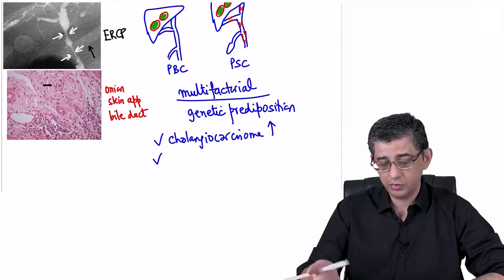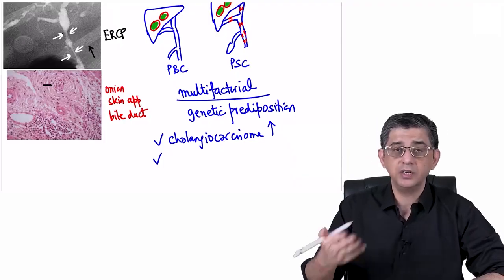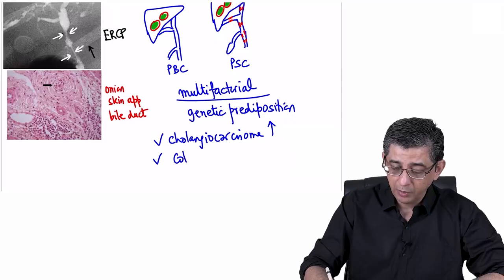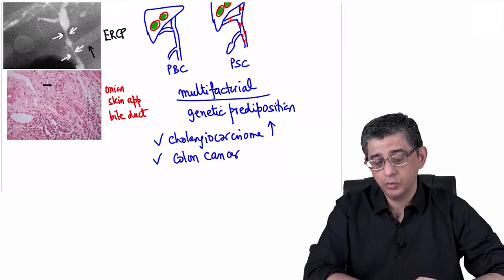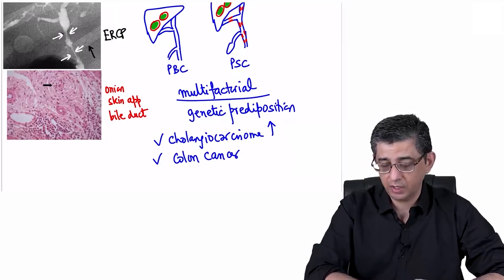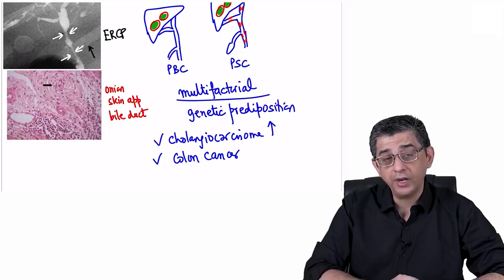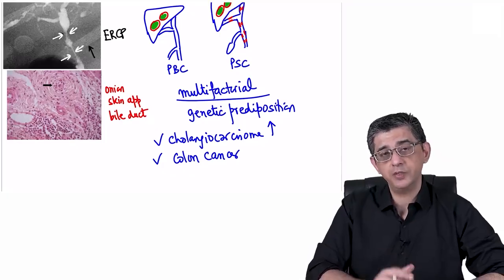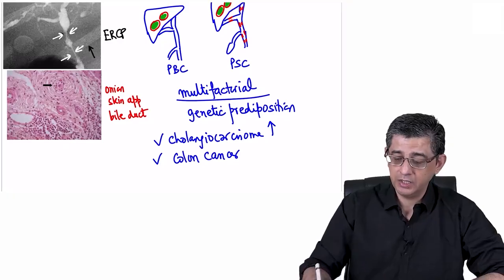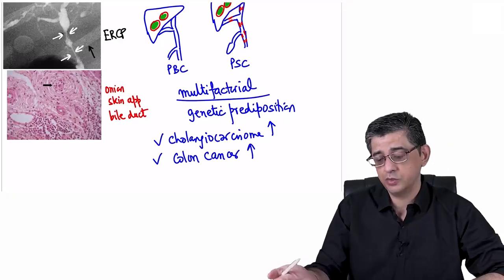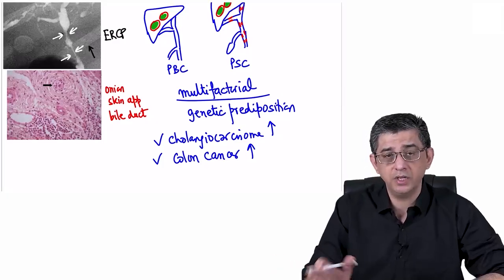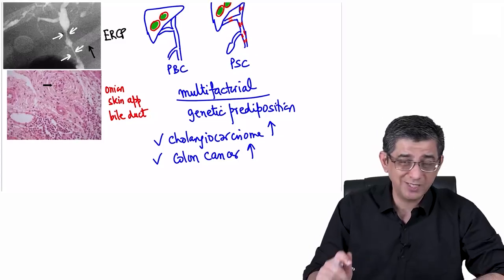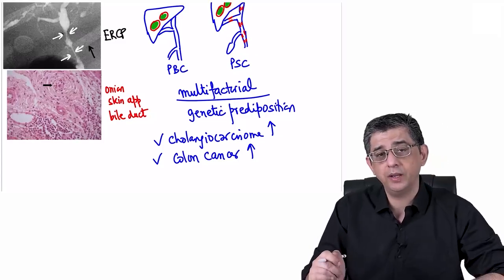And the association of PSC with ulcerative colitis is itself a pre-malignant condition and it predisposes to colon cancer. So in the exam, along with these images, a quick revision that you are already aware of, has been discussed in medicine, has been discussed in pathology: increased incidence of cholangiocarcinoma, increased association with colon cancer, specifically because of the association of PSC with ulcerative colitis. In both of them, the same antibody is playing a role, that is P-ANCA.